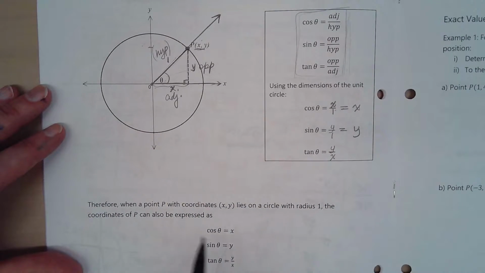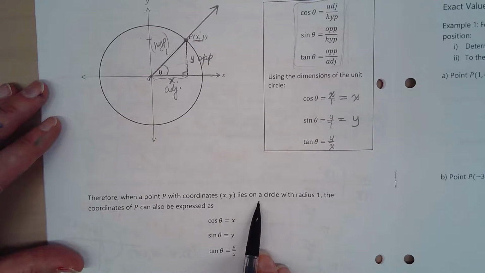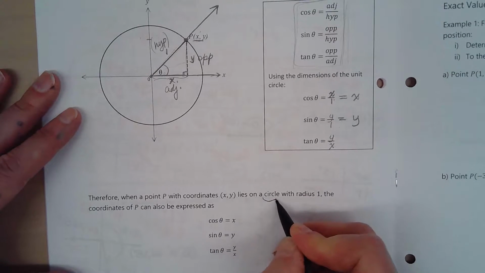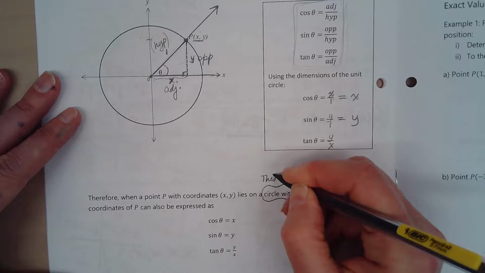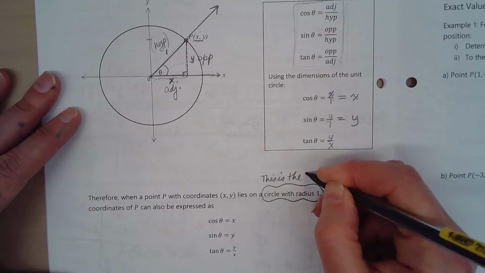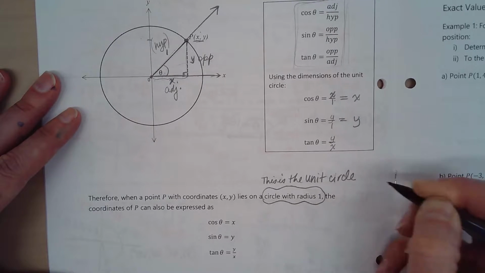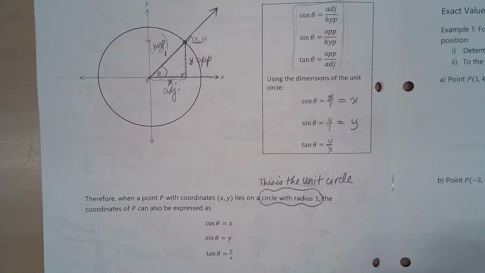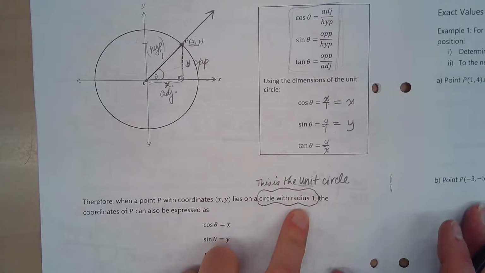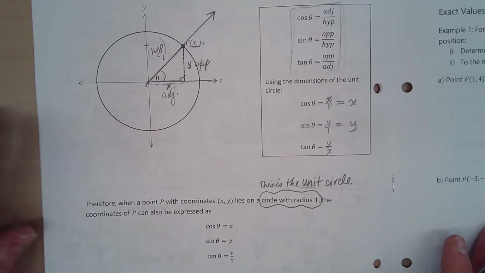Therefore, when a point P has coordinates x, y, and it lies on a circle with radius 1, we call this type of circle the unit circle. That word unit means 1. You know the word in French for 1? That's where that word comes from. Unit is 1.